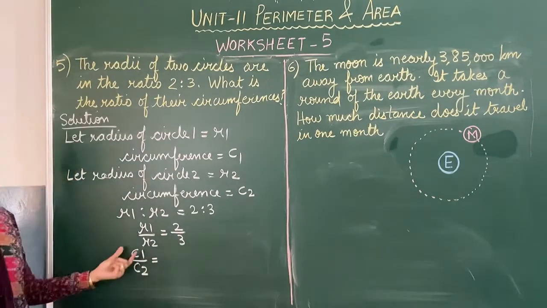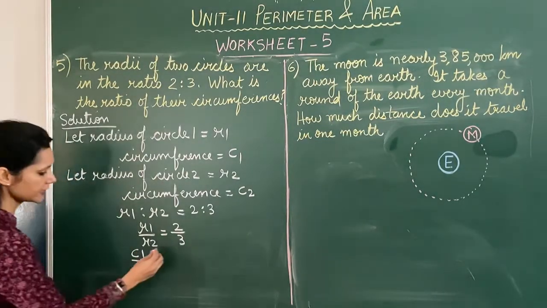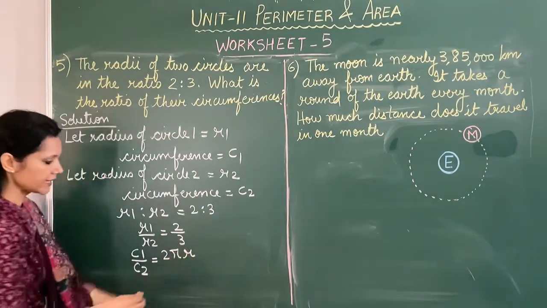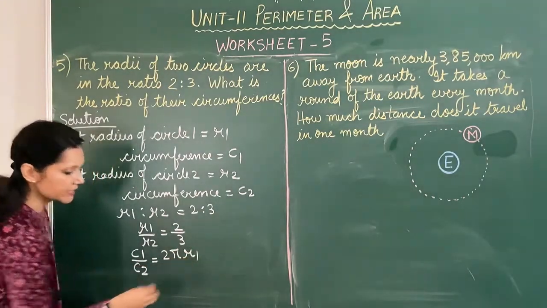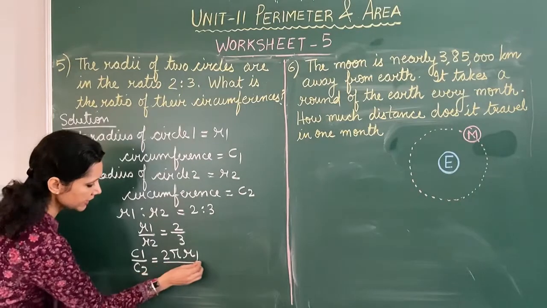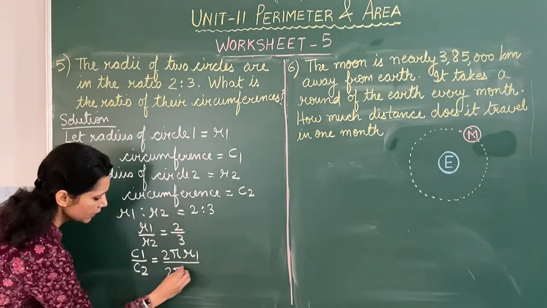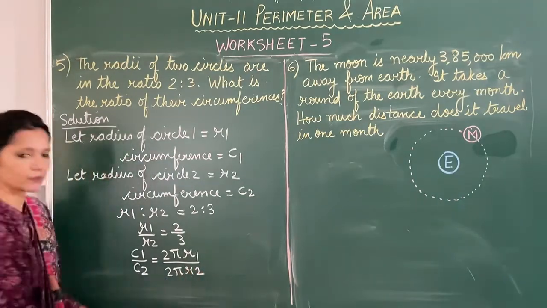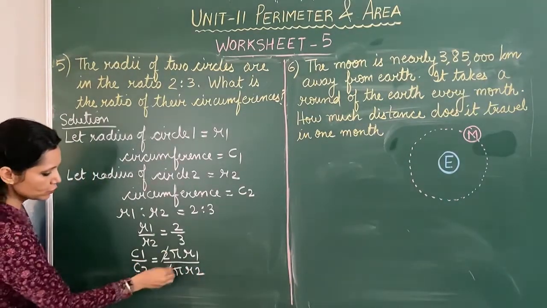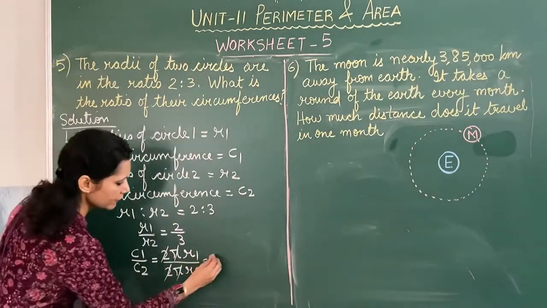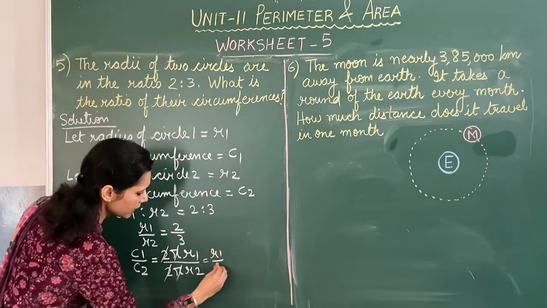But what is the formula for calculating circumference? It is 2πr. Since the radius of the first circle is r1, we'll say 2πr1. Similarly, the circumference of the next circle would be 2πr2. On doing the cutting, 2 gets cancelled and pi gets cancelled, so we are left with r1 upon r2.